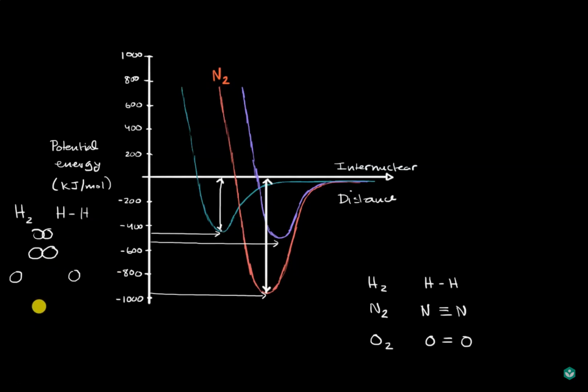Then the next highest bond energy, if you look at it carefully, looks like this purple one right over here. And so just based on bond order, I would say this is a good candidate for O2. And then the lowest bond energy is this one right over here. And so just based on the bond order, it's just a single covalent bond, this looks like a good candidate for diatomic hydrogen.